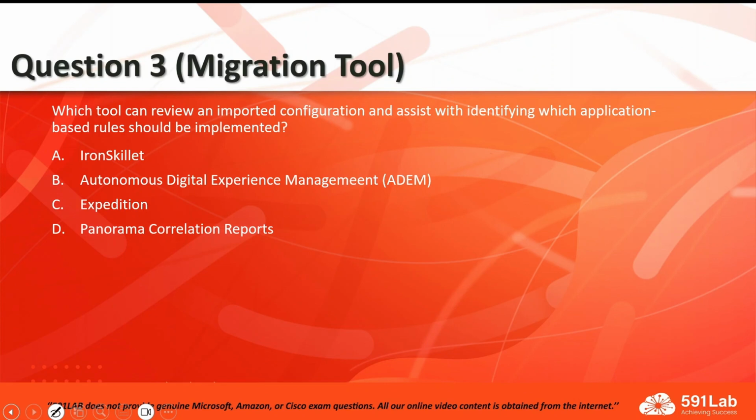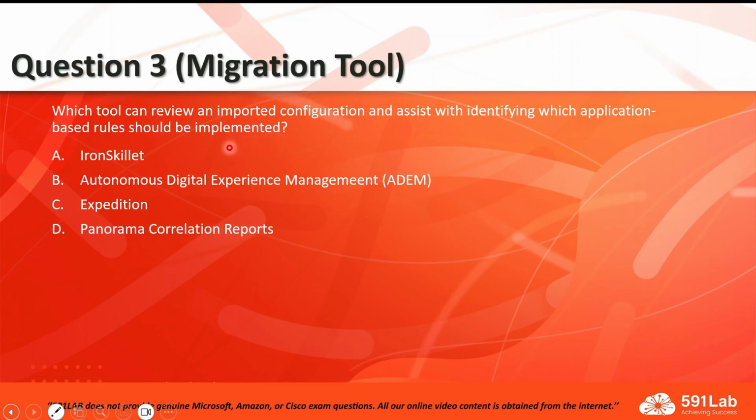Let's go to question number 3. These questions will be about the migration tools provided by Palo Alto. And the question is as follows. Which tool can review imported configurations and assist with identifying which application-based rules should be implemented?